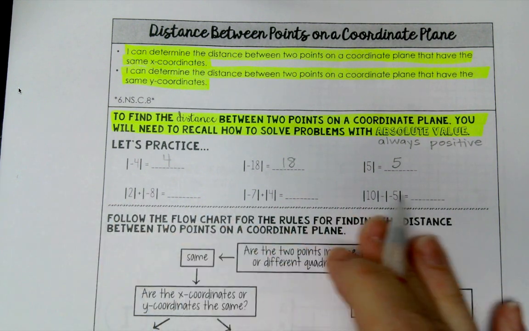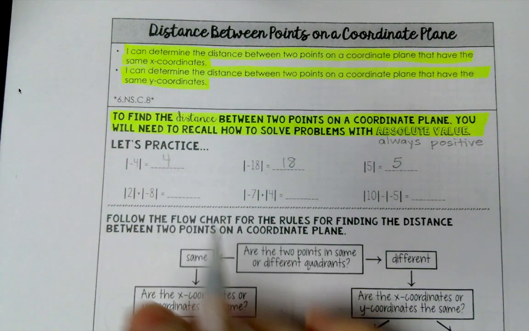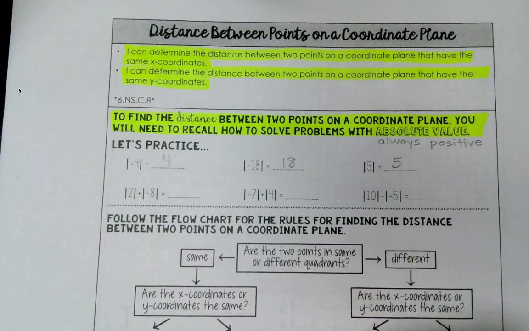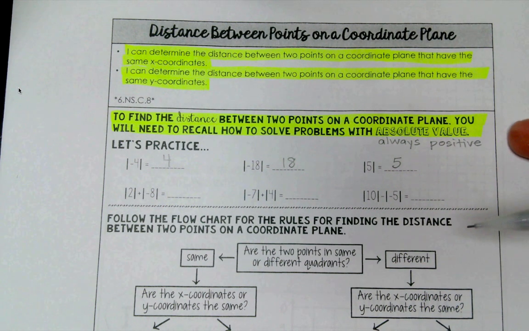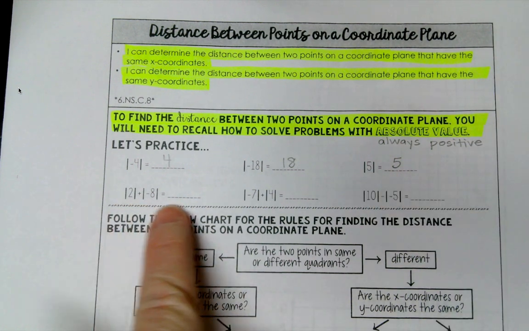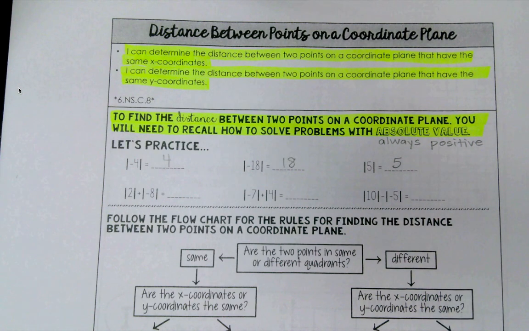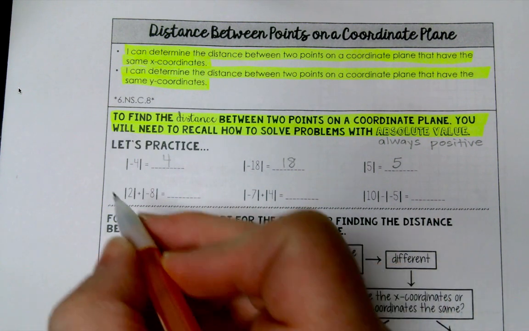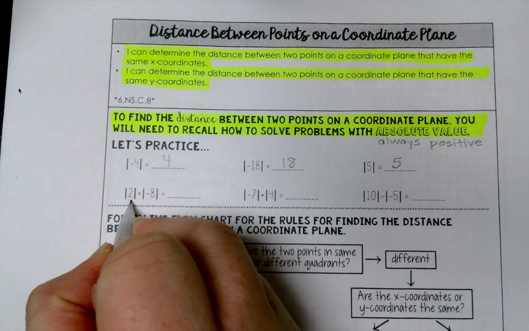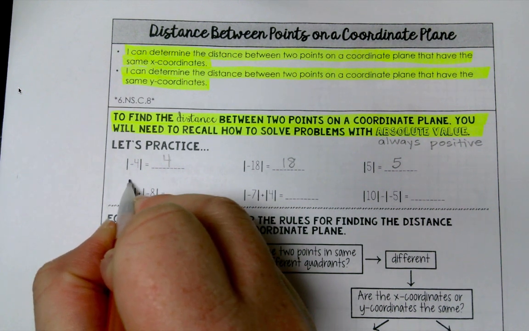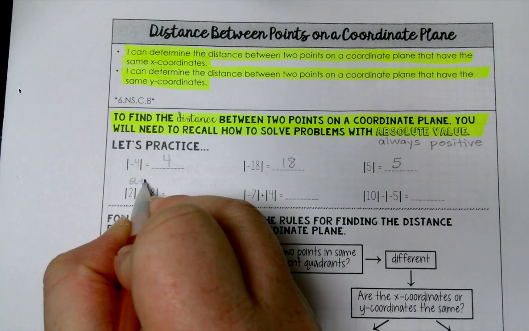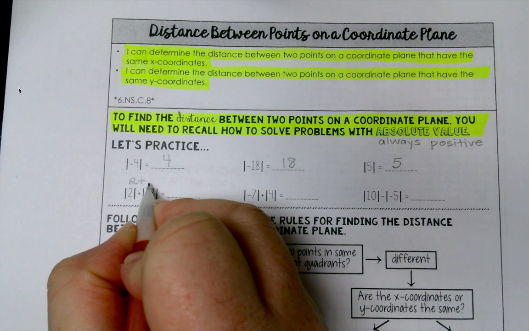And then we have a couple of problems here. And so these expressions are going to bridge between our understanding of absolute value, which is always positive, and remember, absolute value is also the distance from 0. But this will bridge between absolute value and finding distance between 2 points on a coordinate plane. So I'm going to sort of rewrite these problems. The absolute value of 2 is 2, plus the absolute value of negative 8 is 8.